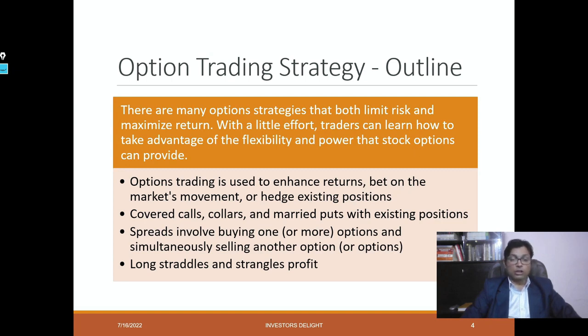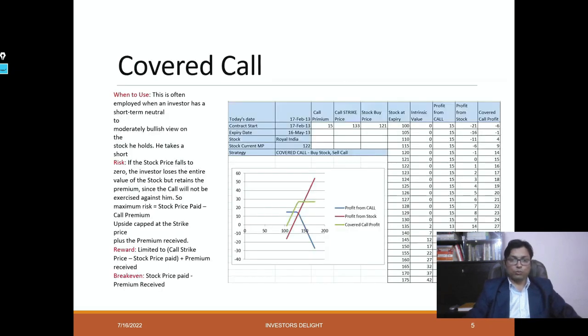Covered calls, collars, and married puts work with existing positions. Spreads involve buying one or more options and simultaneously selling another option or options. Long straddles and strangles are such examples we'll explore now.